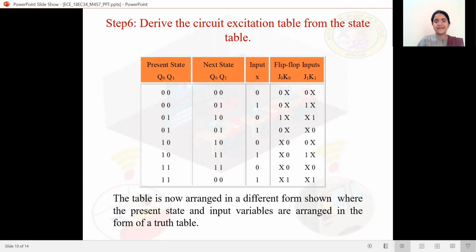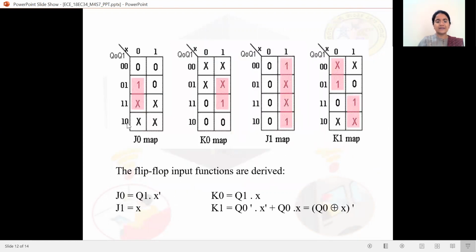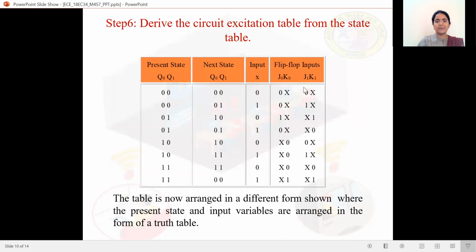For that we are considering the inputs for the K-map as Q0, Q1, and X. And the information from the truth table is plotted on the Karnaugh maps as shown. Here, this is the K-map for J0, K0, J1, and K1. Here we have to consider these flip-flop inputs.